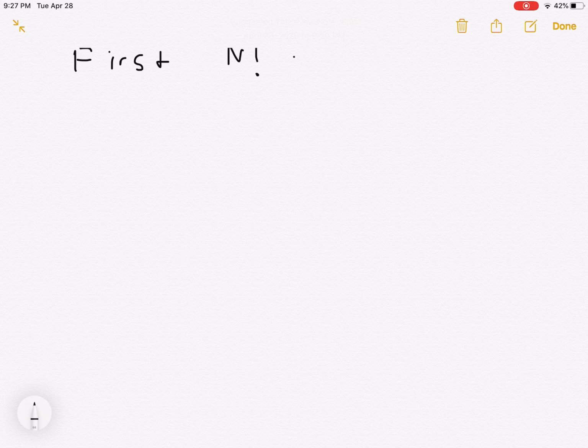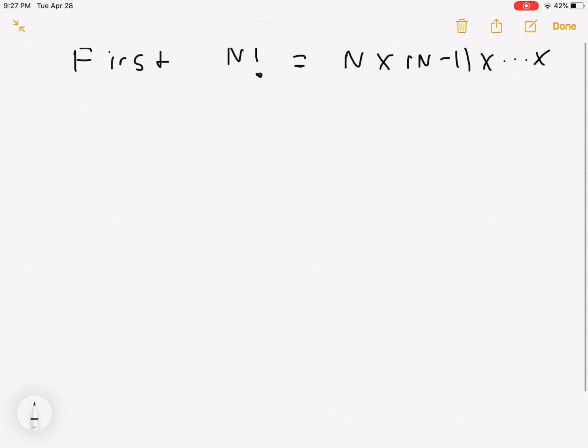N factorial is defined to be n times n minus 1, and you multiply every number all the way down to 1.